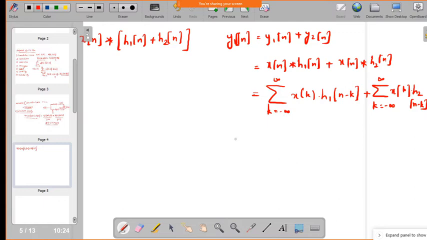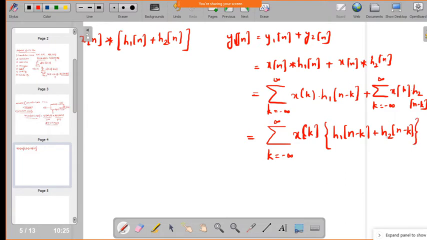Now you can see the summation is the same, with x of k here and x of k here. So we can take out the summation and x of k as common, which is nothing but the summation k equal to minus infinity to plus infinity x of k into h1 of n minus k plus h2 of n minus k.